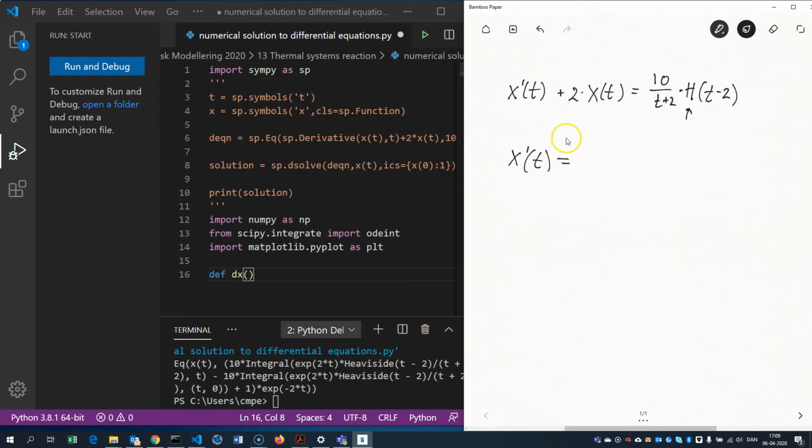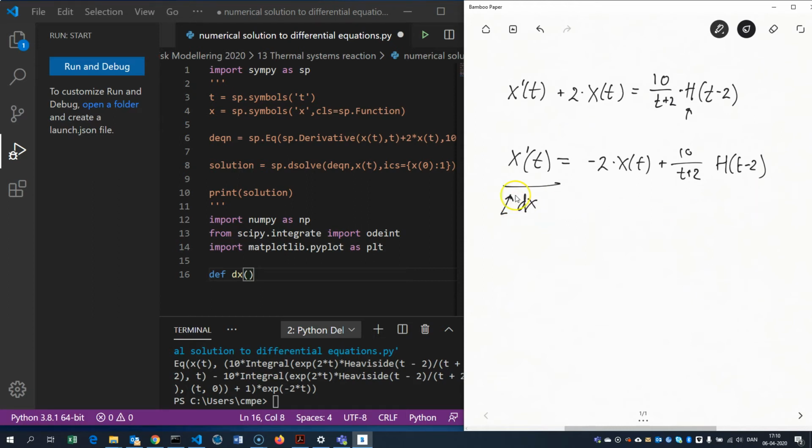Well, according to this differential equation, it's equal to minus 2x of t plus 10 by t plus 2, Heaviside t minus 2. So what I did is I took everything to the right hand side except x prime.